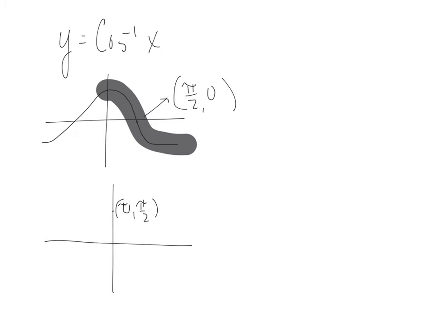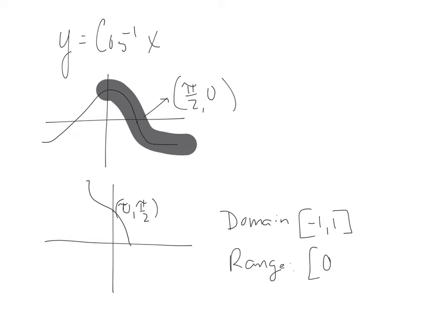So our inverse cosine graph actually looks like this, with domain negative 1 to 1 inclusive, and with a range of 0 to pi inclusive.